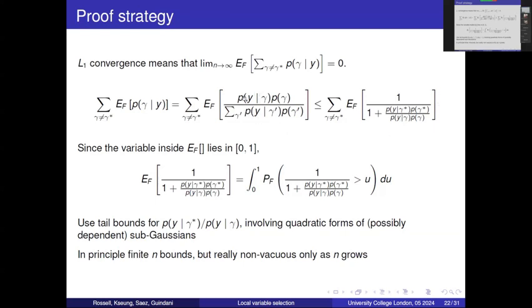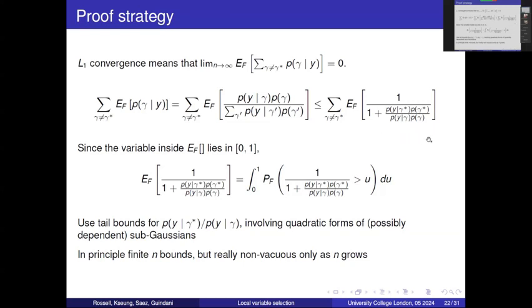The idea is that this term, the posterior probability of a model, compares the value of a model with the value of all of the other possible models. What I'm doing is just comparing the value of this model with the true model, and I'm going to discard everything else. It turns out that this bound is tight. Whenever there's posterior concentration of the true model, these bounds can be shown to be tight, so you don't lose much by doing this. So that's the first step of the proof.